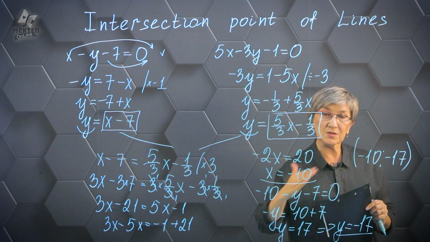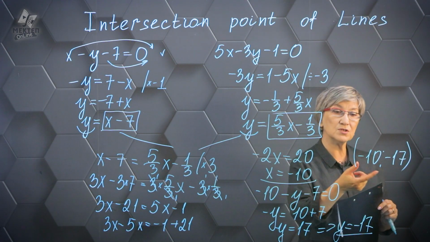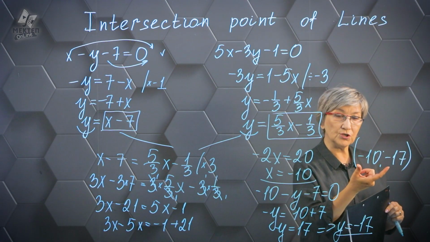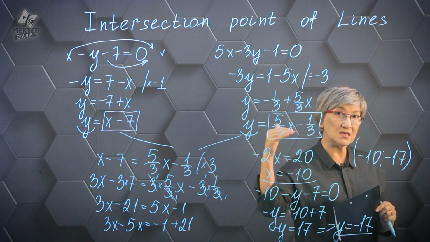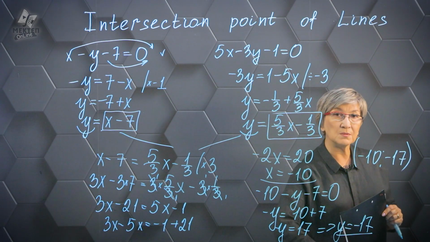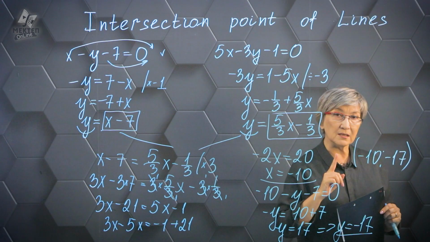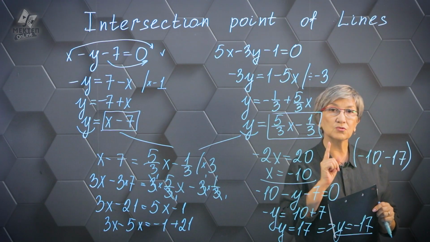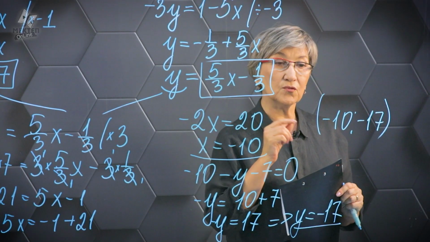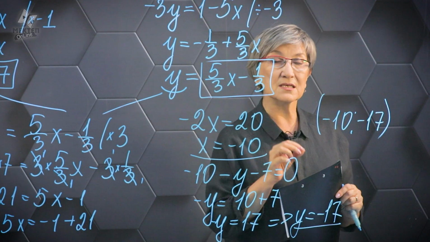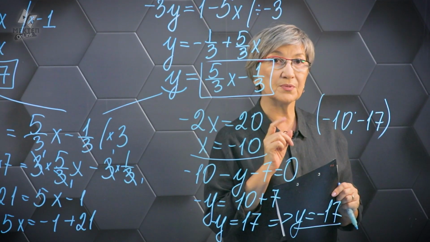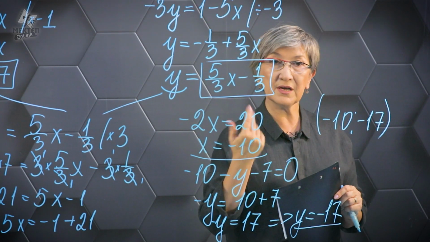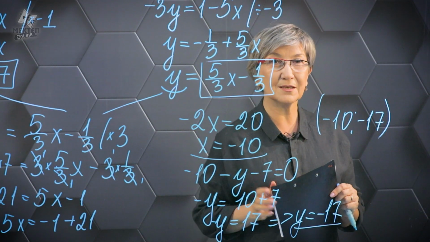But we would need to continue the graphs of these functions and arrive at the point with coordinates of negative 10 on the x-axis and negative 17 on the y-axis. So, when you locate the intersection point of two function graphs, unless it is specified in the problem that you need to plot the function graphs, you can equate the right sides and thus find this point.